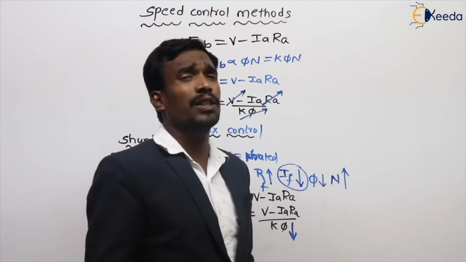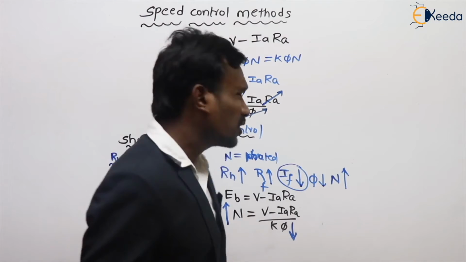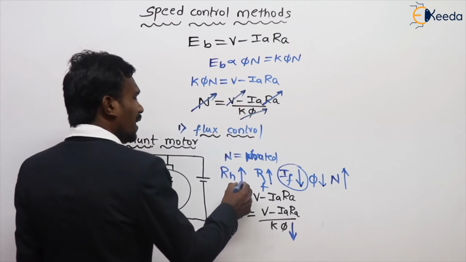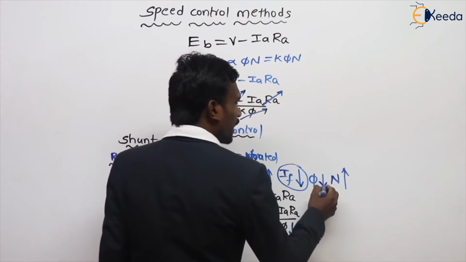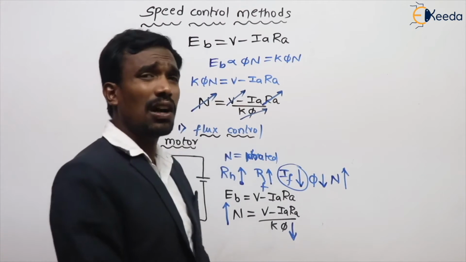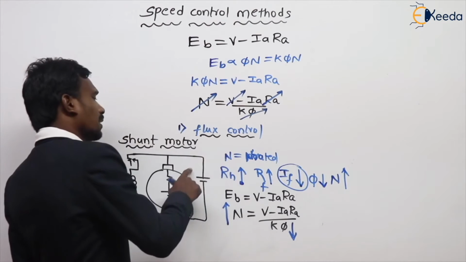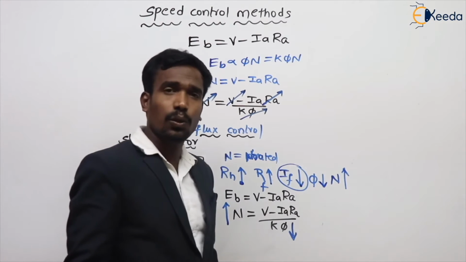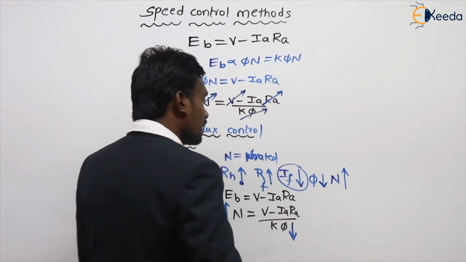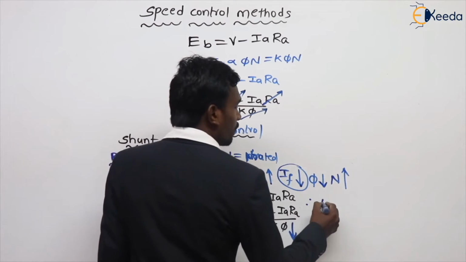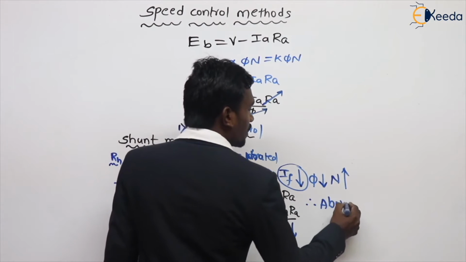Then how can we reduce that? So generally flux reduction is okay, but flux increase is not possible with this flux control method of speed control. Hence, this is only for above rated speeds.